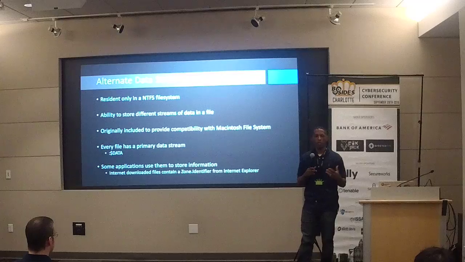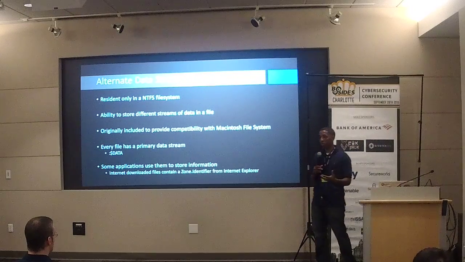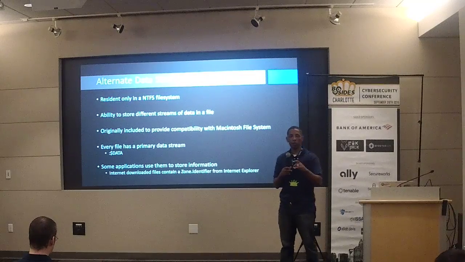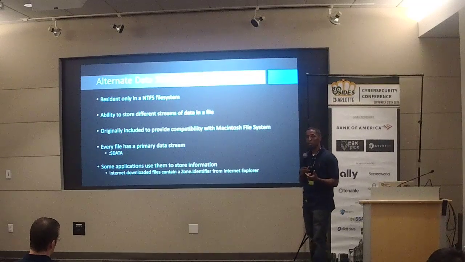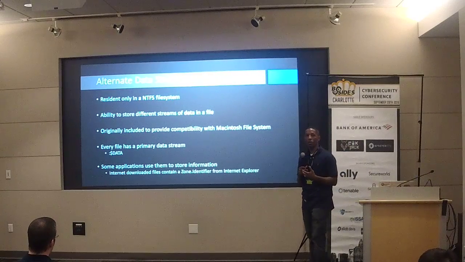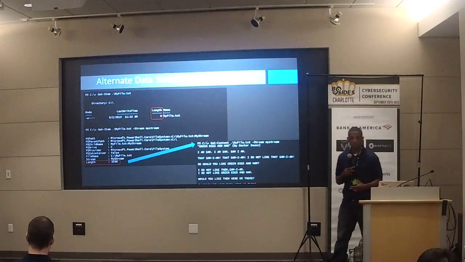How do you know that? Well, there's an alternate data stream associated with it called Zone Identifier, and it has a tag in there telling you that the file came from the internet. We can easily remove it. We can easily add some stuff to it. That's interesting, so in this case, we'll look to make our own so we can actually get around it.